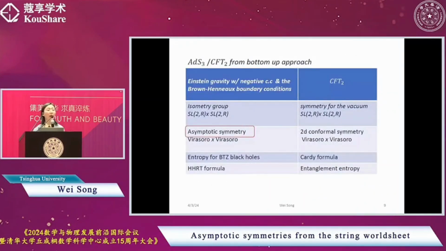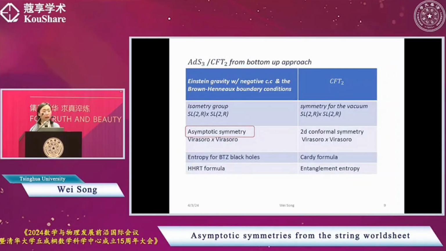And this is very helpful. In principle, with this piece of information, you already know lots of things, because you find this asymptotic symmetry algebra of this gravity under this boundary condition. This asymptotic symmetry is given by the left-moving and right-moving Virasoro algebra, which is precisely the same as a two-dimensional conformal field theory.